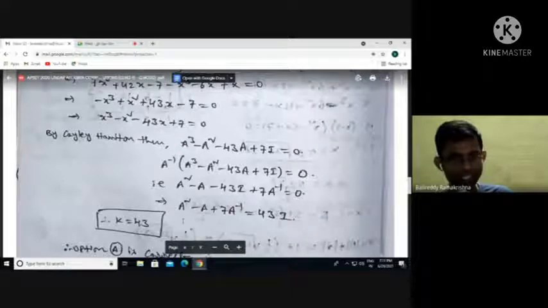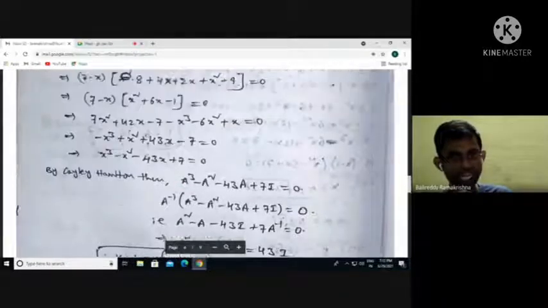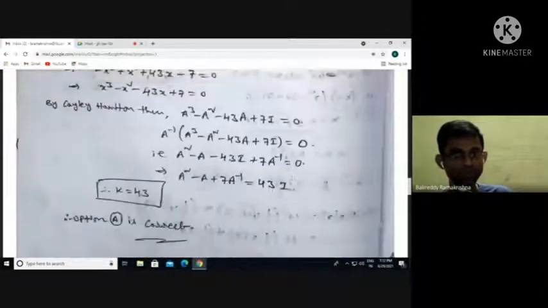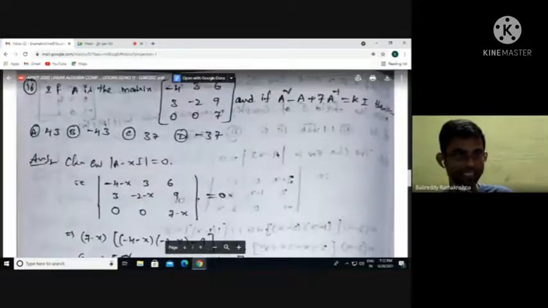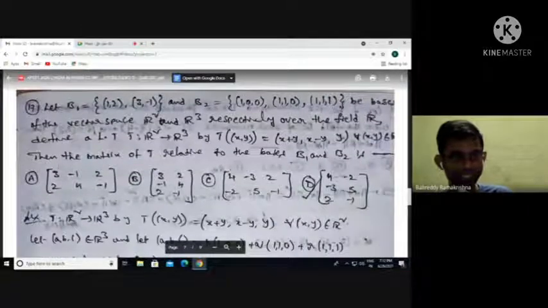That is, A square minus A plus 7A inverse is equal to 43I. So it is of the form kI, so here k is equal to 43. Therefore, option A is correct. Is it clear?